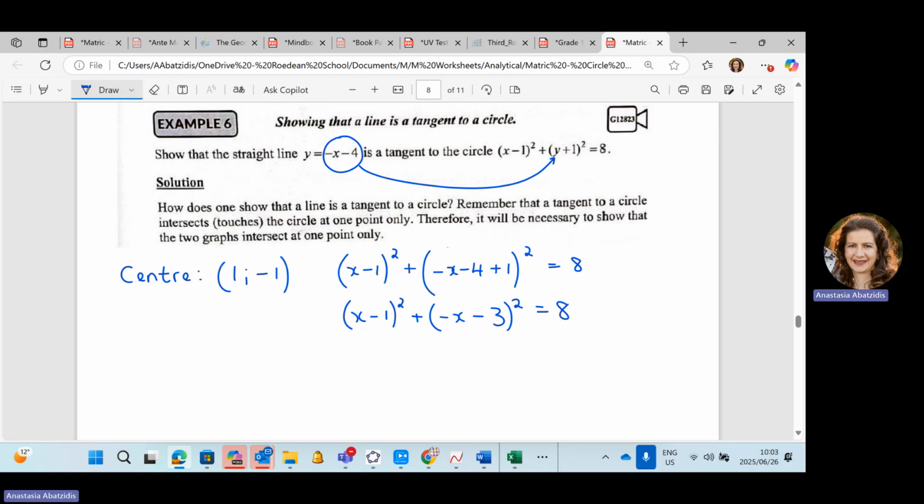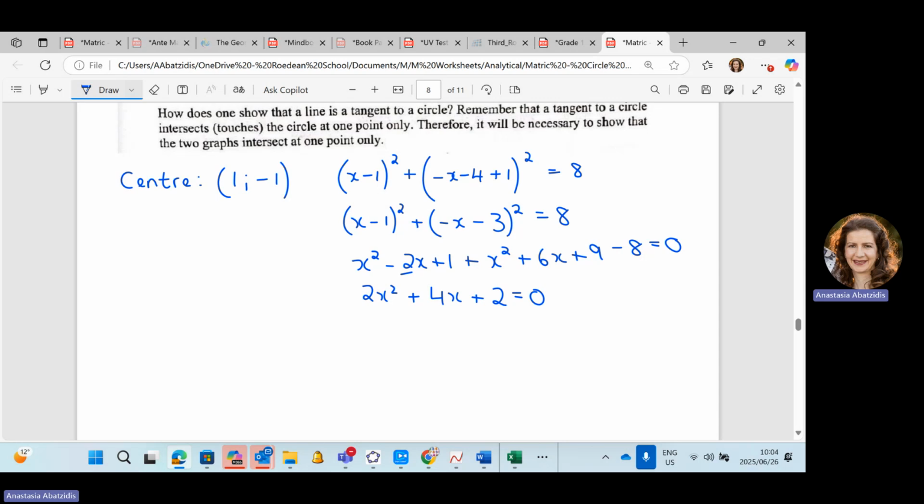Remember, we're trying to solve for x and y. So here we're going to get x squared. Remember, when you square a binomial, you get 3 terms. 6x plus 9 minus 8 is 9. Okay, so we get 2x squared minus 2x and 6x is plus 4x, and 1 and 9 is 10 minus 8 is positive 2.